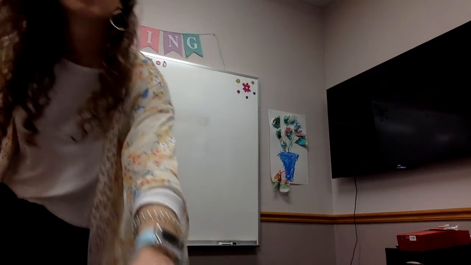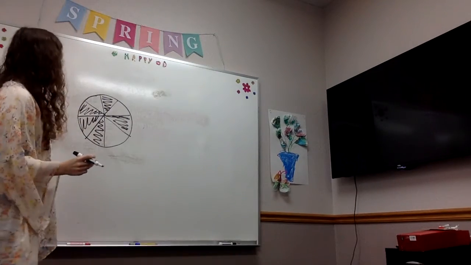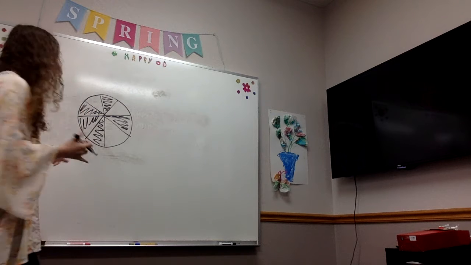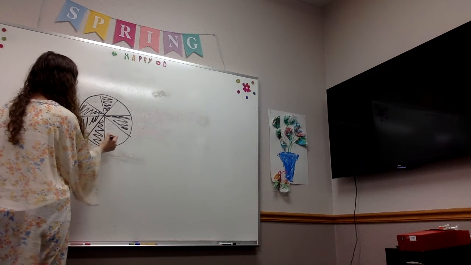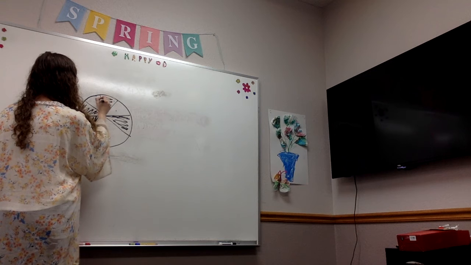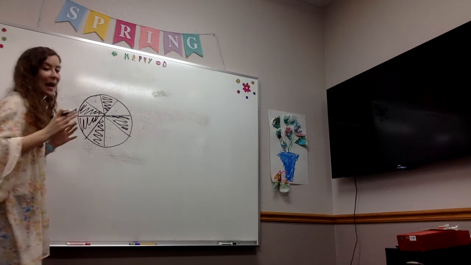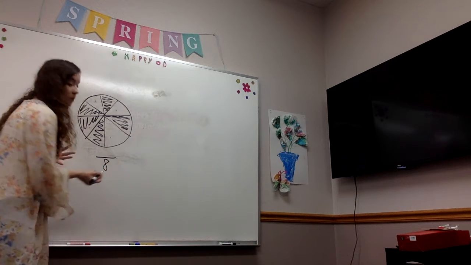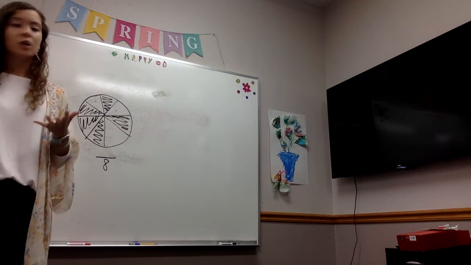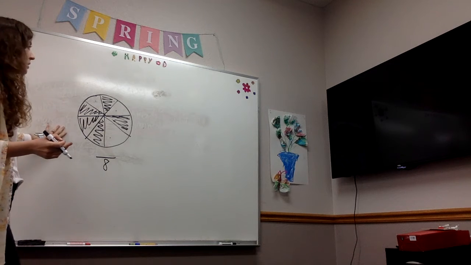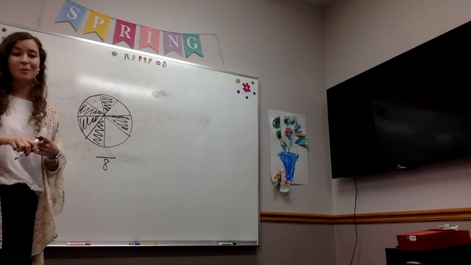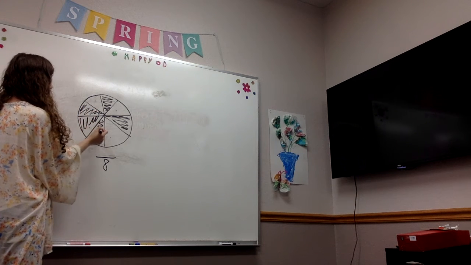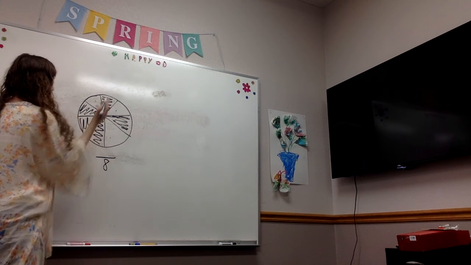Okay? So we know that our denominator number is going to be how many equal pieces we have in our pie. So I have 1, 2, 3, 4, 5, 6, 7, 8 equal pieces in my pie. So I know that 8 will be my denominator. And I also know that my shaded pieces are how many that either my family's eaten or how many I've eaten. So we know that is 1, 2, 3, 4, 5.